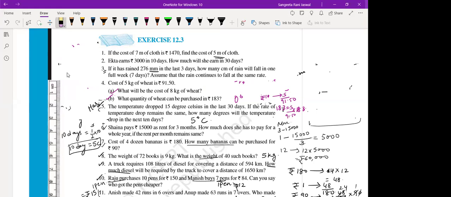Cost of 7 meter cloth is given, 1470. Cost of 1 meter cloth will be 1470 rupees divided by 7. And we need to find the cost of 5 meters, so we multiply the cost of 1 meter by 5. Please find out.